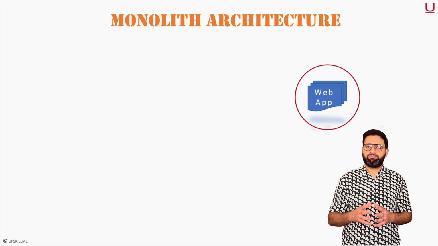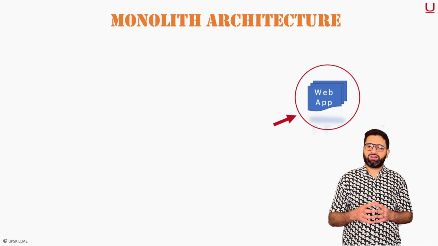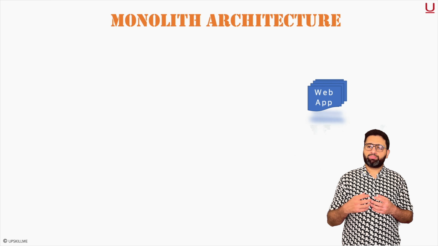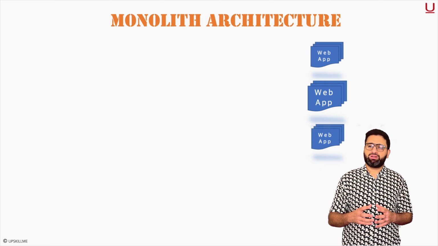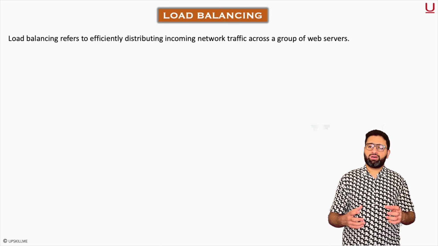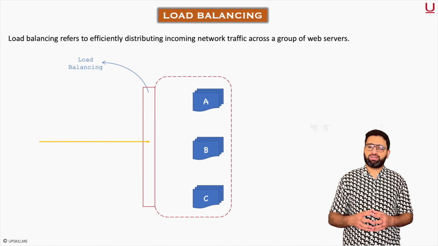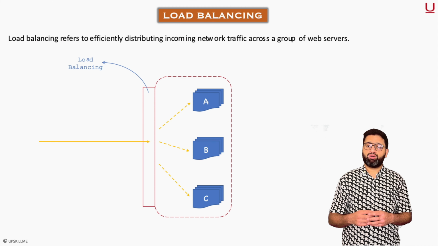Monolith architecture means that everything that is needed to process an HTTP request is contained within a single runnable process. To handle the increasing demand, multiple copies of the same application may be running on different servers. The process of distributing network traffic across multiple computing resources is known as load balancing. We will learn more about load balancing in a separate video.